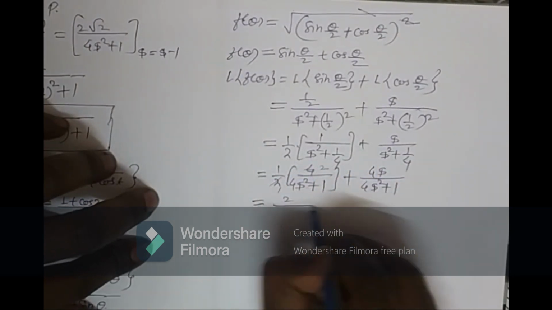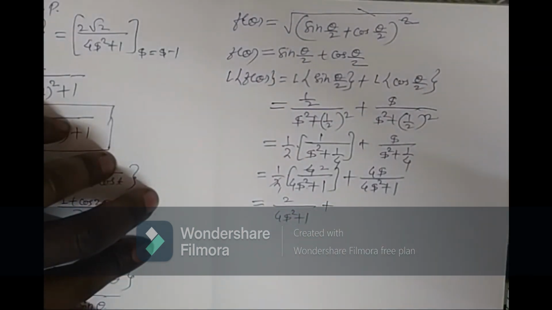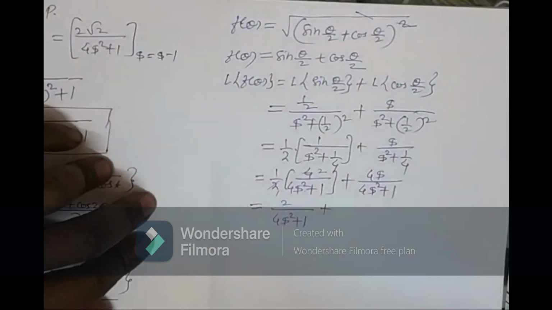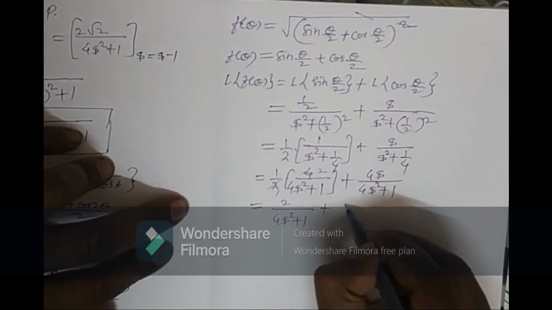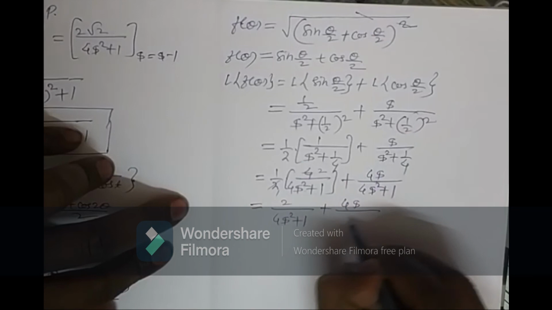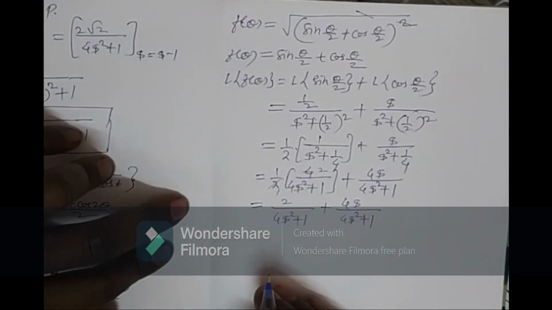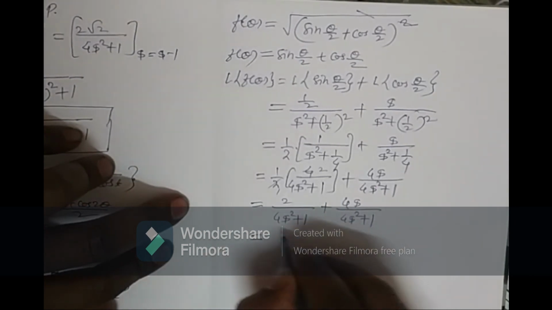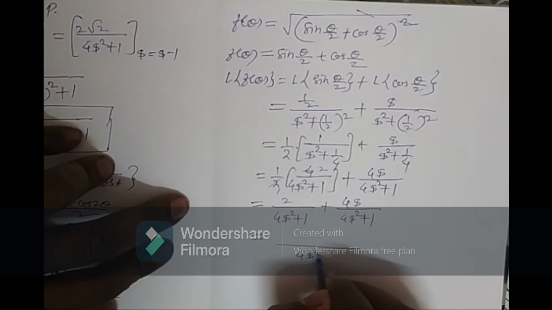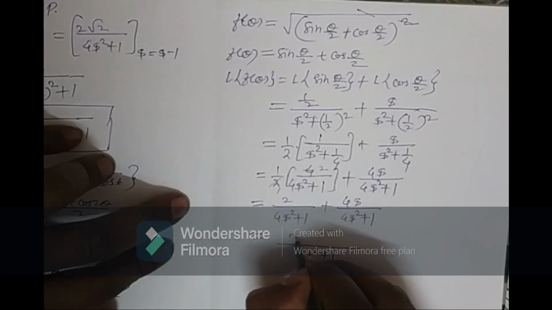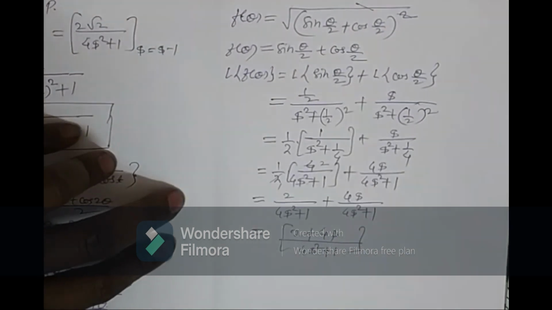So 2 upon 4s square plus 1 plus 4s upon 4s square plus 1. Now 4s square plus 1 is common for both, so we get 2 plus 4s over 4s square plus 1.